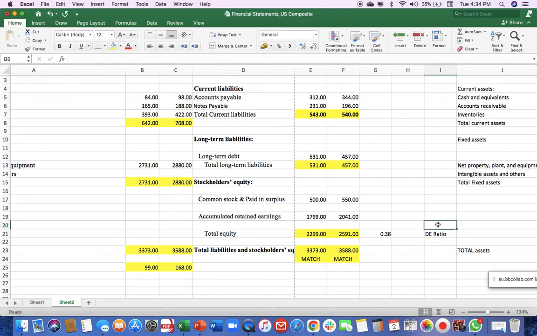Equity multiplier, or financial leverage, is equal to total asset divided by total equity. The total asset is 3588, divided by total equity 2591, which is 1.38.